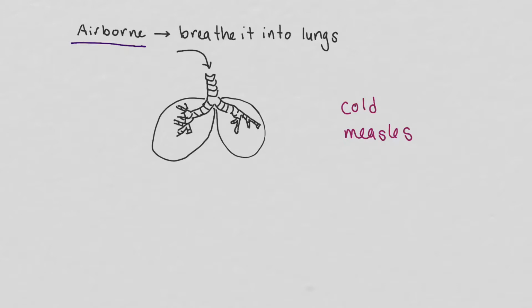So some examples of airborne pathogens would be the common cold, measles, pneumonia, mumps, and tuberculosis. Most of these pathogens are pretty much rare these days, but some of them are making a comeback, such as measles and mumps.